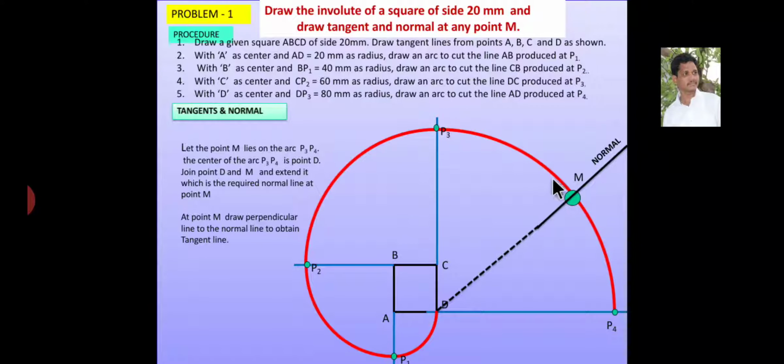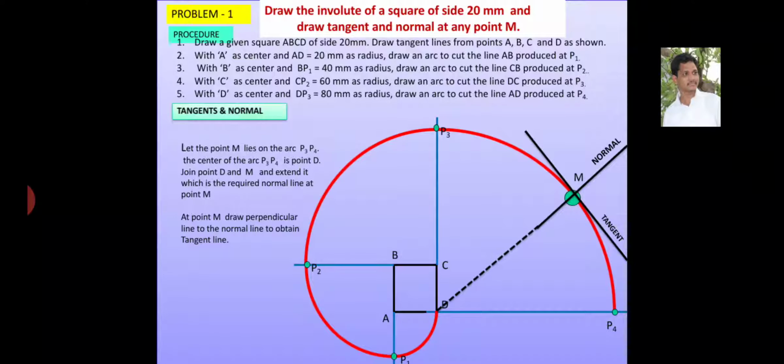So you have to draw a perpendicular line here. This is our required tangent line. This is the normal line, this is the tangent line. So this is the final figure of the square involute.